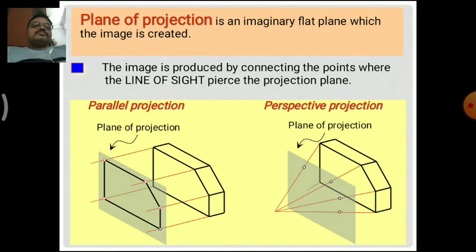The image is observed as a decreased image. But in the parallel projection, we can see the same image reflected in the flat plane. But in the perspective projection, the plane of projection and the line of sight have decreased the size of the original image.